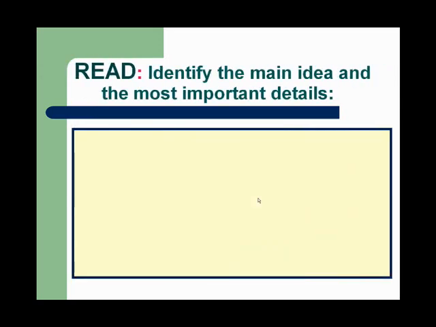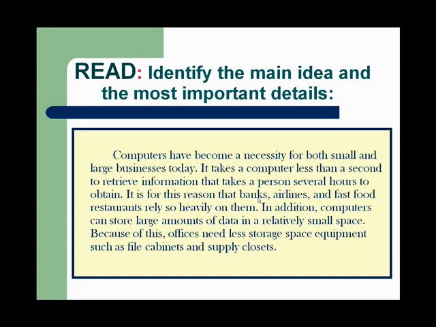Read. Identify the main idea and the most important details. Computers have become a necessity for both small and large businesses today. It takes a computer less than a second to retrieve information that takes a person several hours to obtain.